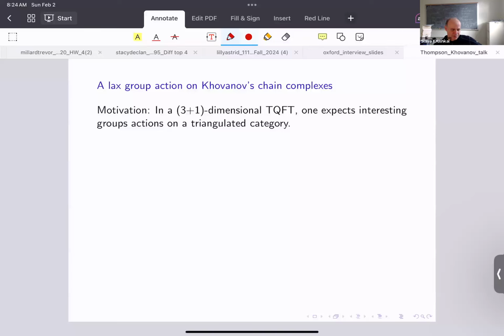So there is Heegaard-Floer homology, and there is a action of the mapping class group on the theory in Heegaard-Floer. And in the Khovanov context, there's an action of braid groups on the triangulated category, the homotopy category of Khovanov chain complexes.